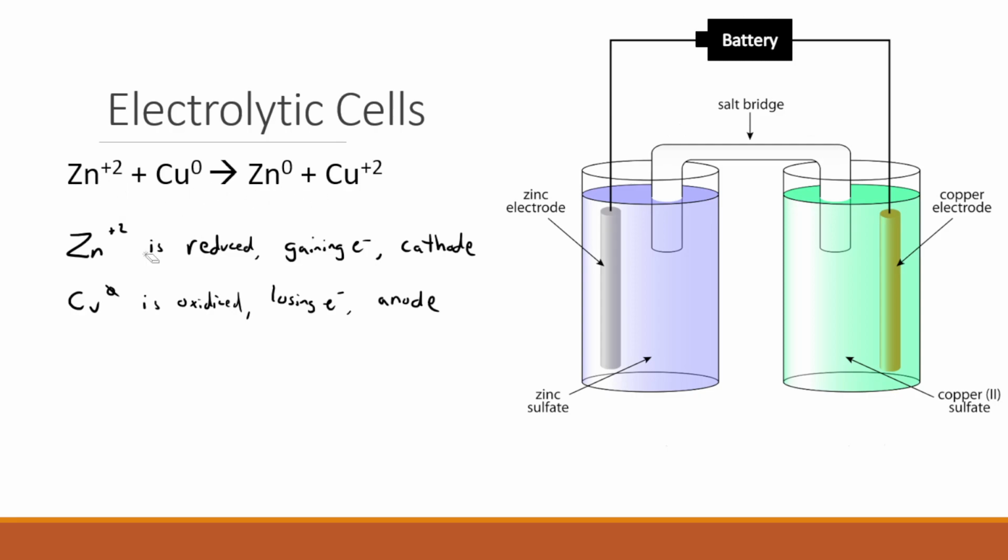Now the anode is the copper and the cathode is the zinc. The electrons are still going to travel from anode to cathode, from the copper to the zinc.